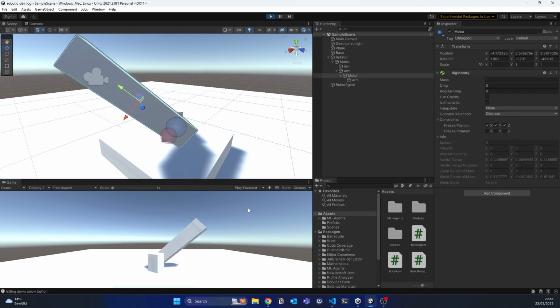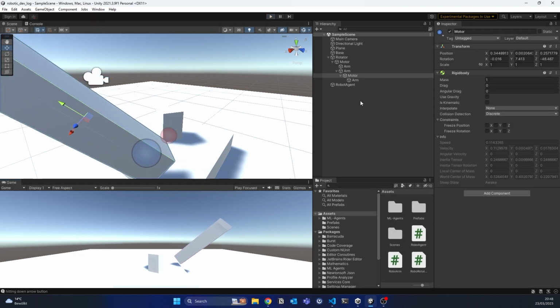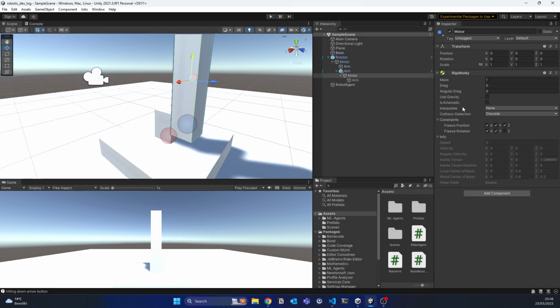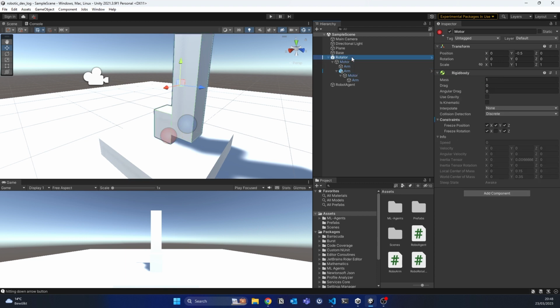Okay, I'm trying to turn this somehow, but also I'm not sure about this stuff here. Okay, fair. Alright, I'm not sure if I should use the kinematics. For sure, for the rotator, I think this seems correct.